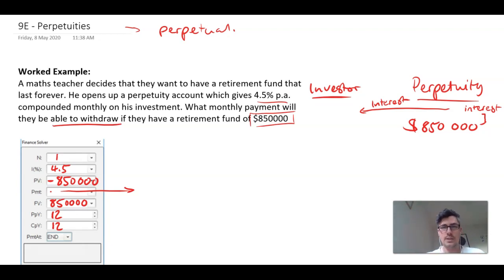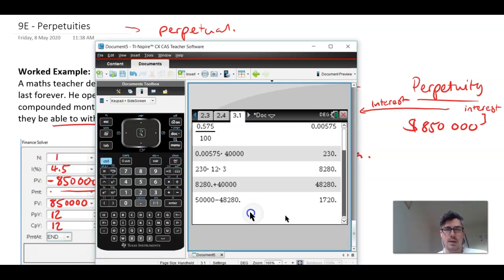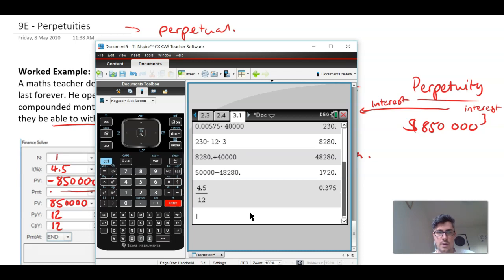Now, I'm going to show you a slightly different way of working it out as well. The manual way is if you think about the fact that 4.5% is per annum. What's that per month? You divide it by 12. So 4.5 over 12 gives us 0.375% per month.